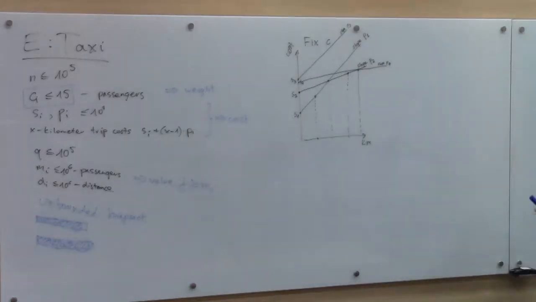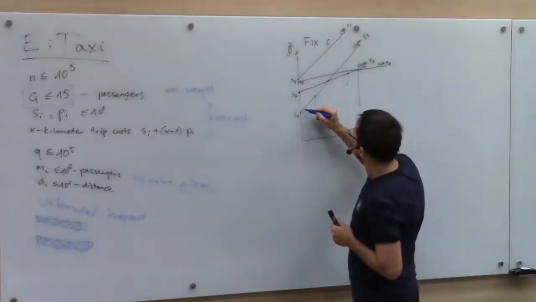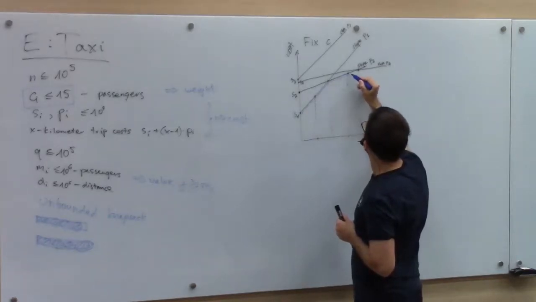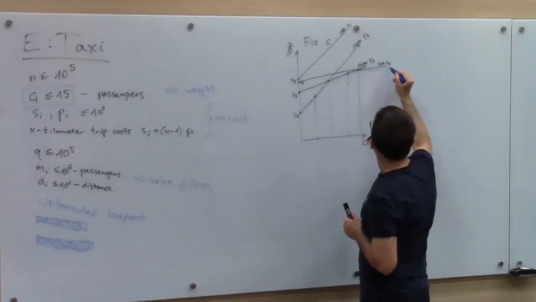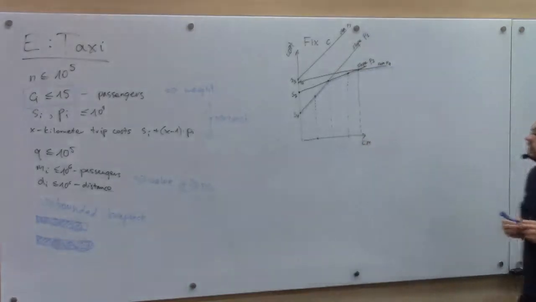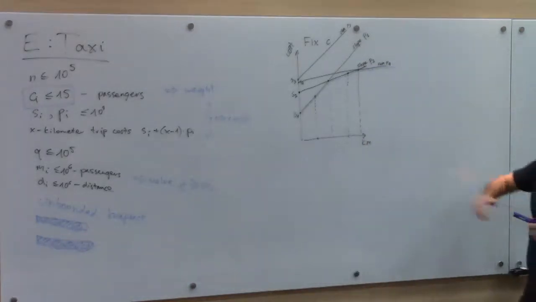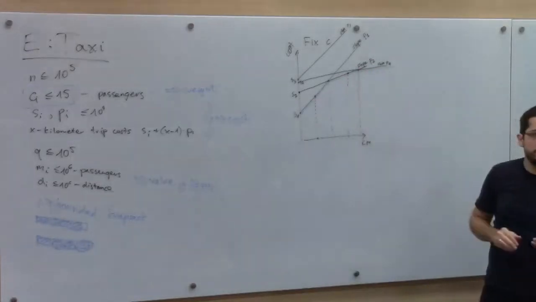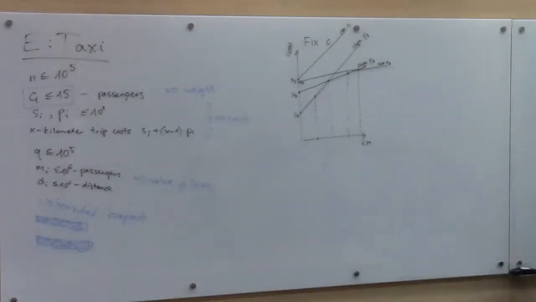So basically what we are interested in is the lower envelope of all of these lines. Okay, so we are interested in where we have the minimum. And this lower envelope can be calculated using some basic geometric algorithms.